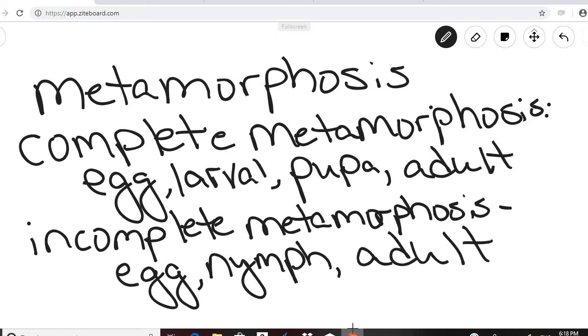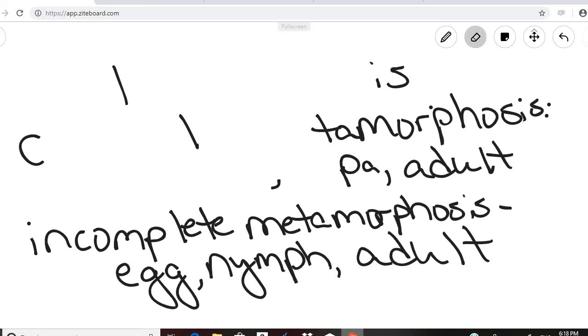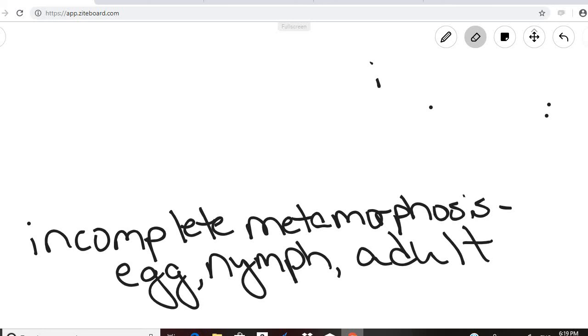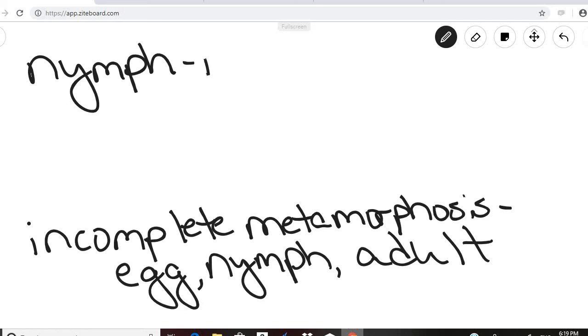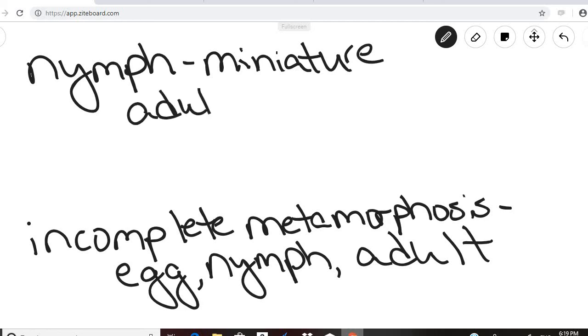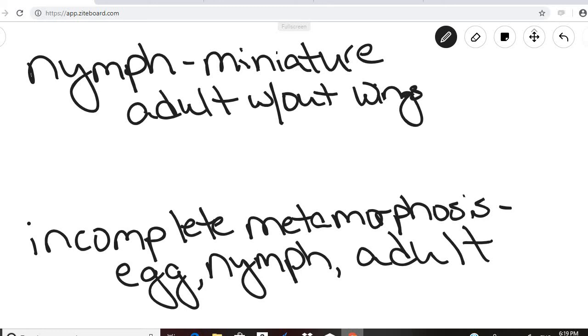The egg and the adult stage are very similar to what is seen in other organisms. What does the nymph stage look like? In the nymph, they basically look like a miniature adult. However, they have no wings or reproductive organs.